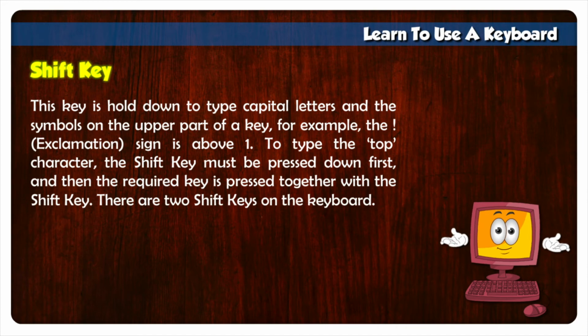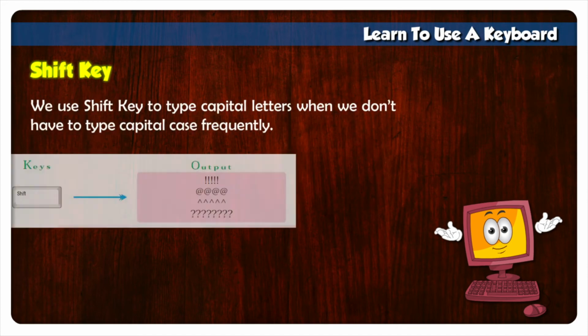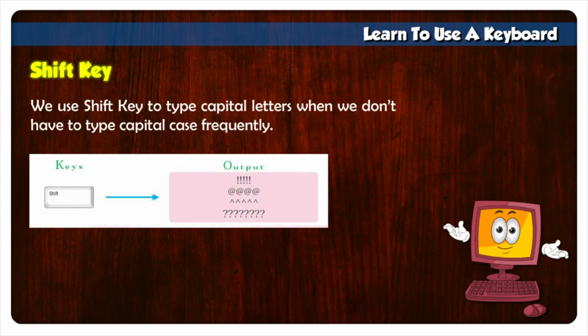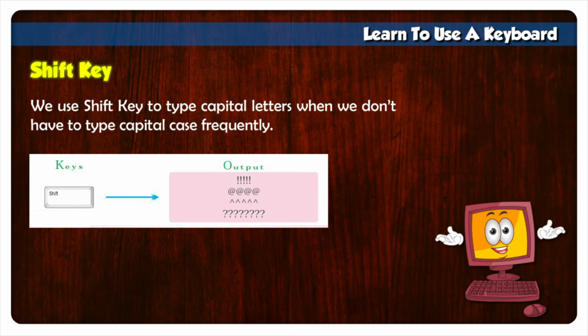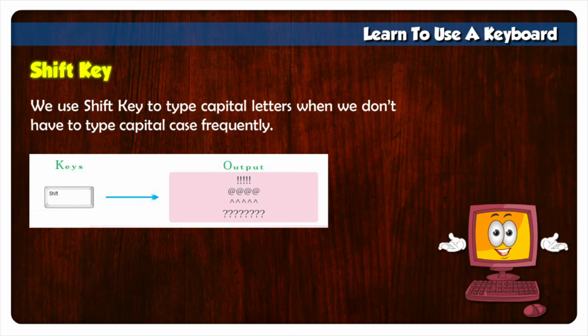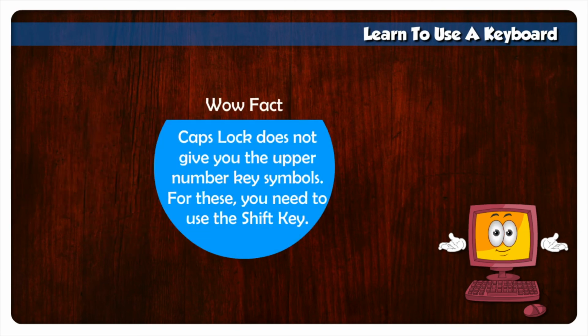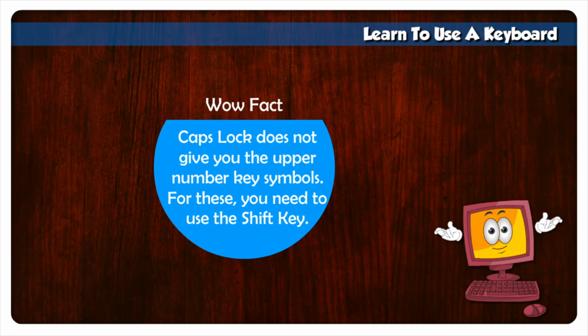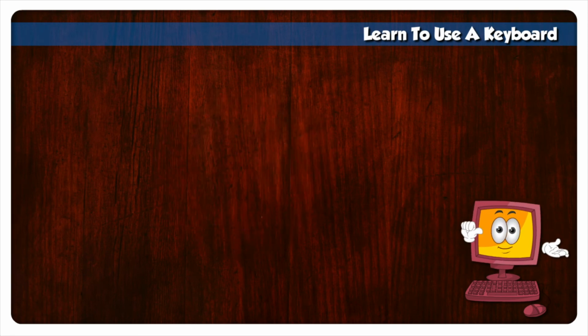There are 2 Shift keys on the keyboard. We use Shift key to type capital letters when we don't have to type capital letters frequently. Wow fact! Caps lock does not give you the upper number key symbols. For these, you need to use the Shift key.